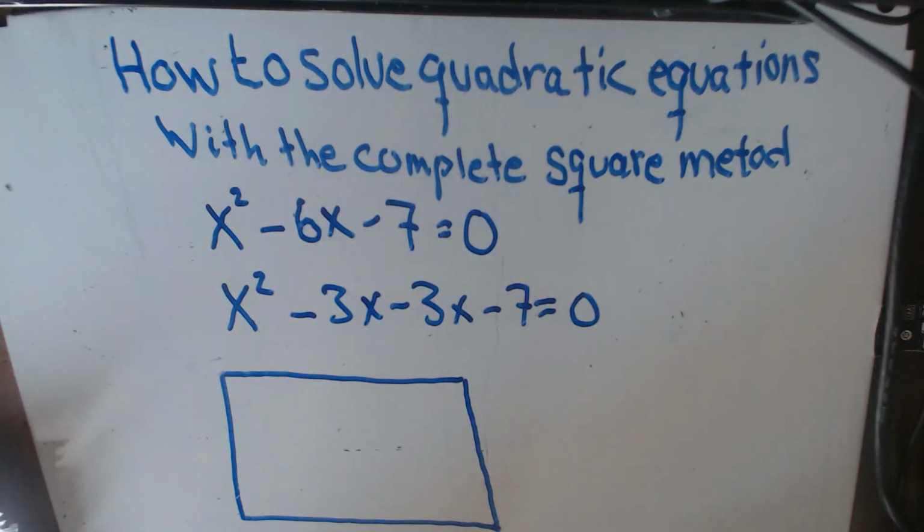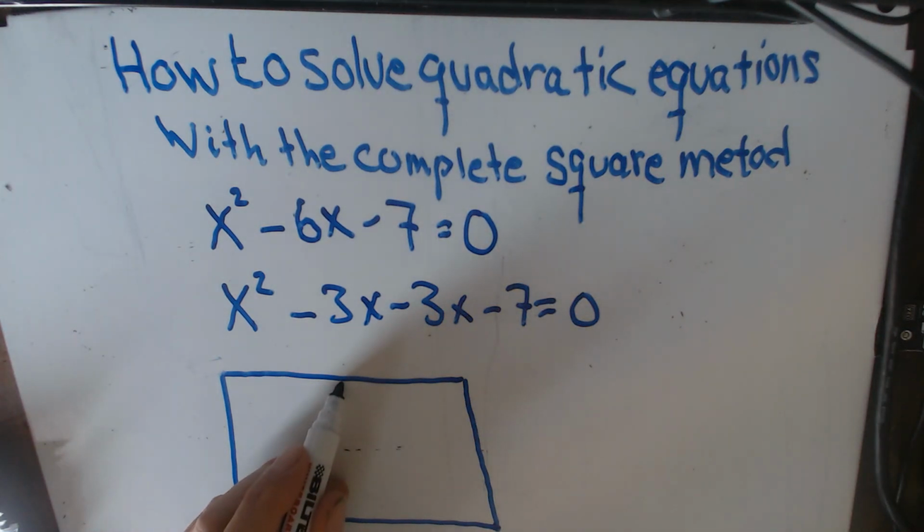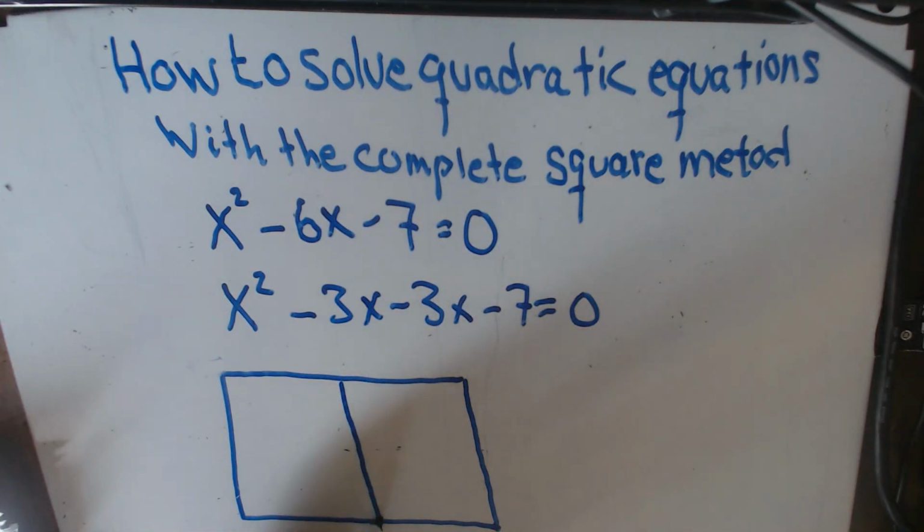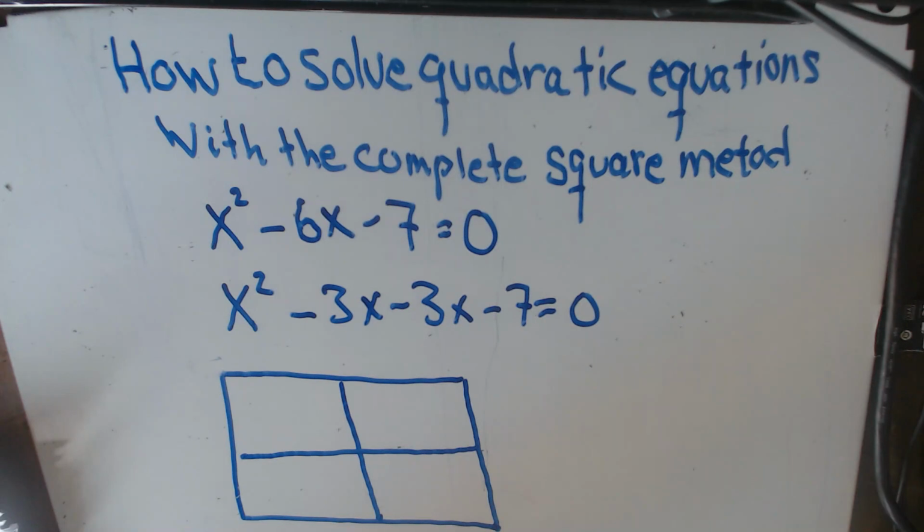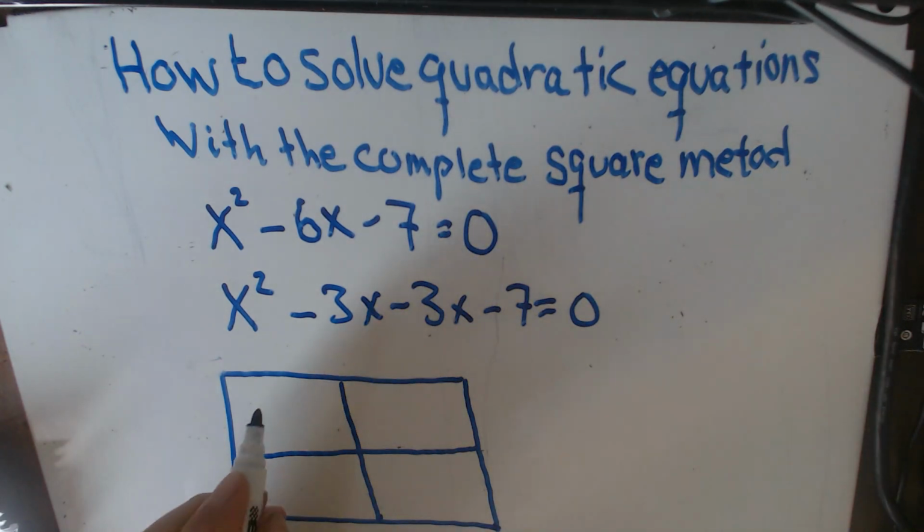And this rectangle is divided into 4 smaller rectangles. And we fill these rectangles with the first upper left rectangle goes x squared.